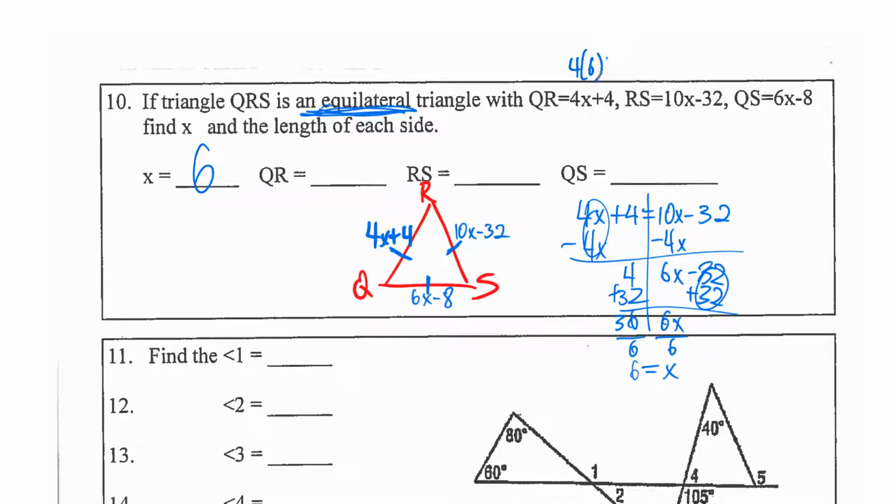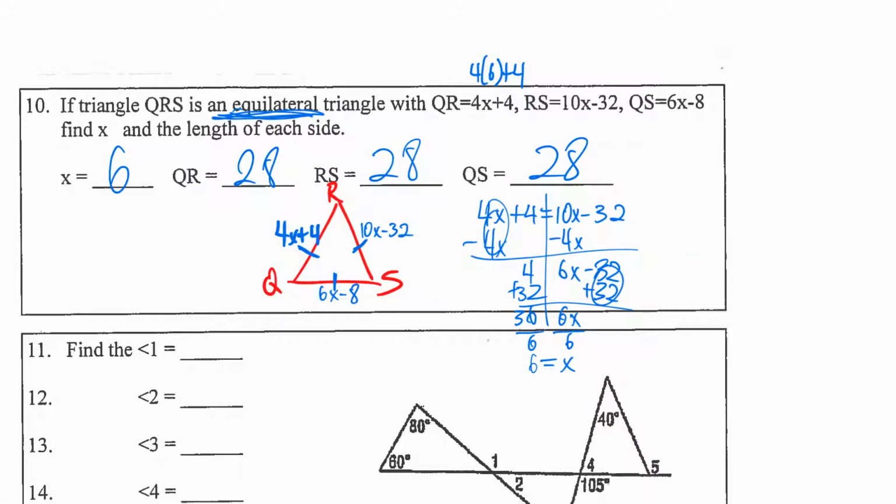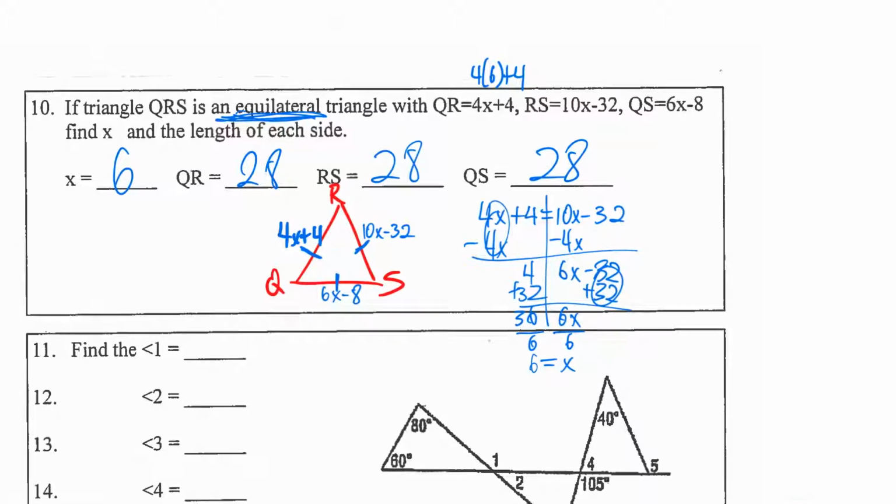So 4 times 6 plus 4 is what? 28. And if you plug in 6 in all those, it's going to give you 28. 10 times 6 is 60. 60 minus 32 gives you 28. 6 times 6 is 36 minus 8 would be 28. Okay.